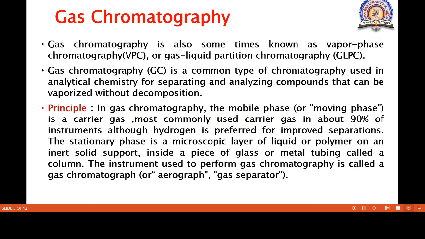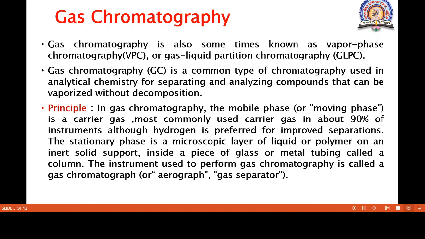Okay. Then the next point, that is the definition of gas chromatography. Gas chromatography is a common type of chromatography used in analytical chemistry for separating and analyzing compounds that can be vaporized without decomposition.